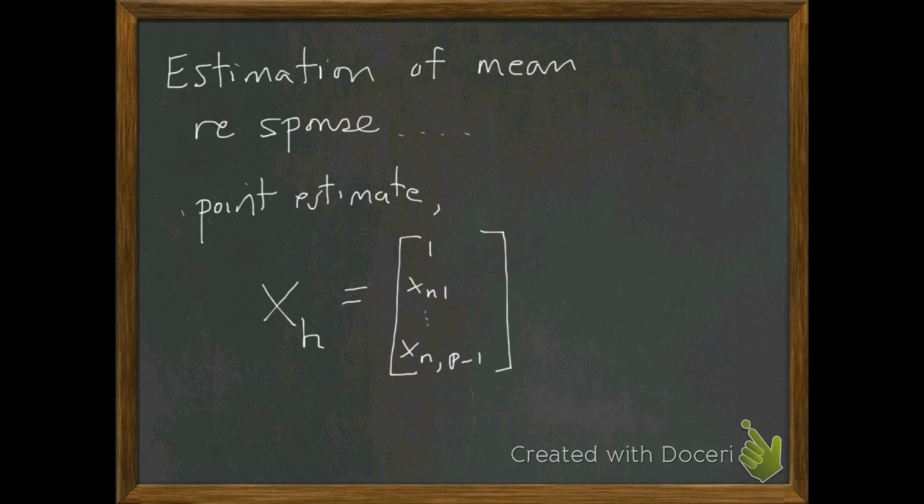So guys, it follows that our expected value of this will be equal to x transpose h times b. We also need the variance.